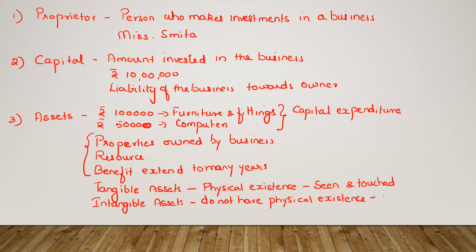She needs to purchase computer software. Can we see the software? Can we physically touch the software? No, but still it is required for the computer to be utilized. So computer software is an intangible asset which she would be purchasing maybe along with the computer. So this is the general classification of assets into tangible and intangible asset.